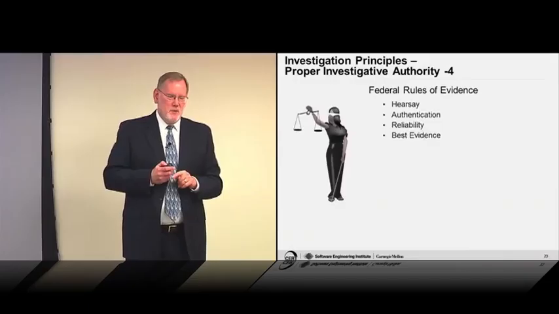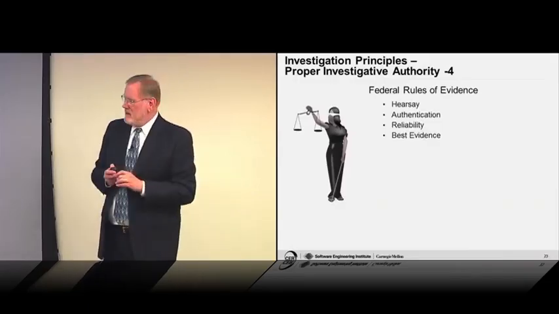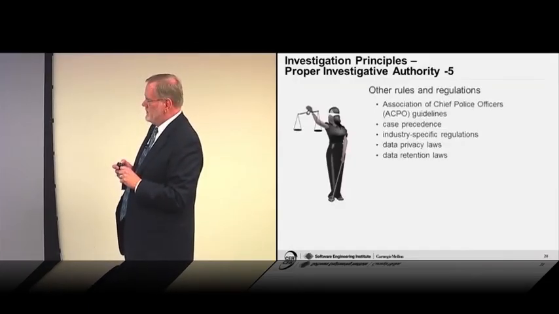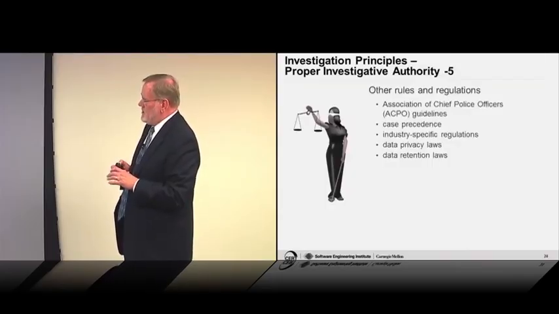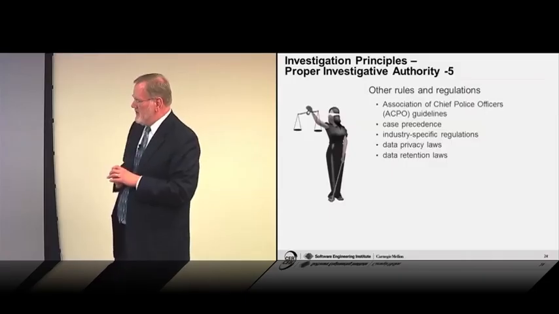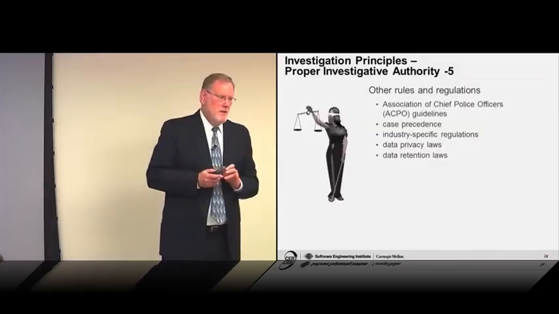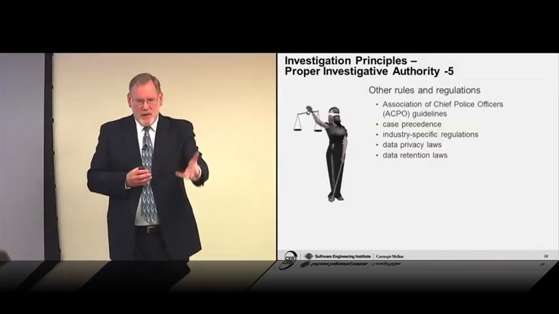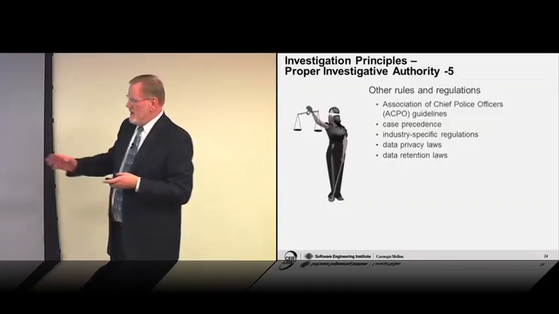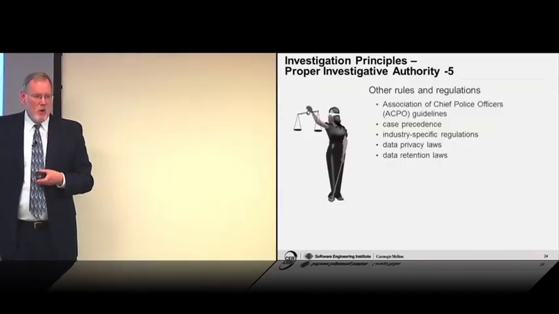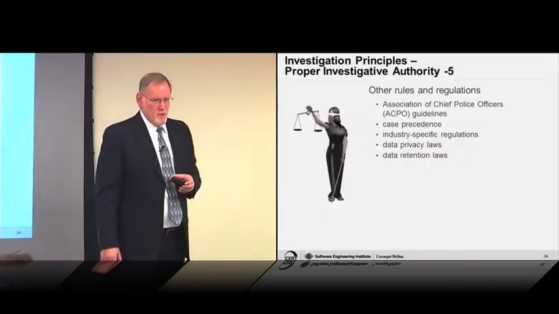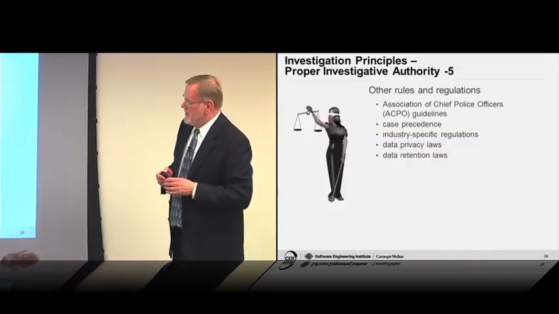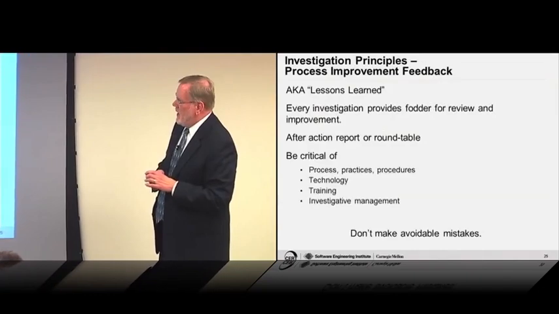There are lots of internet resources that will explain them in more detail. There are also all these other rules and regulations to deal with in terms of privacy, data retention, et cetera. What I'm trying to do on these slides is simply say, here are some topics that you need to go off and research and understand some of the issues associated with them. That's the important part here.